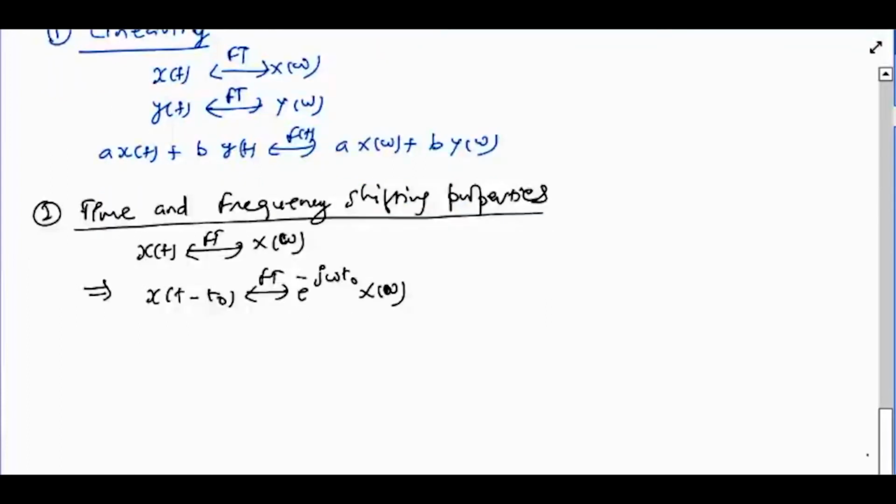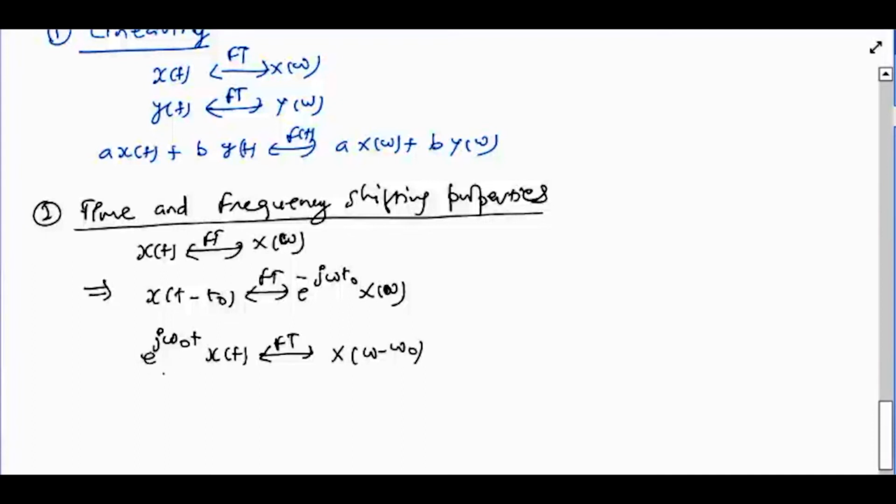So this is time shifting property. Similarly, if we multiply xt with e raised to j omega naught t, this new signal will have Fourier transform which is a shifted version of the Fourier transform of xt. So the new Fourier transform is this. So we see a duality between time and frequency shifting.